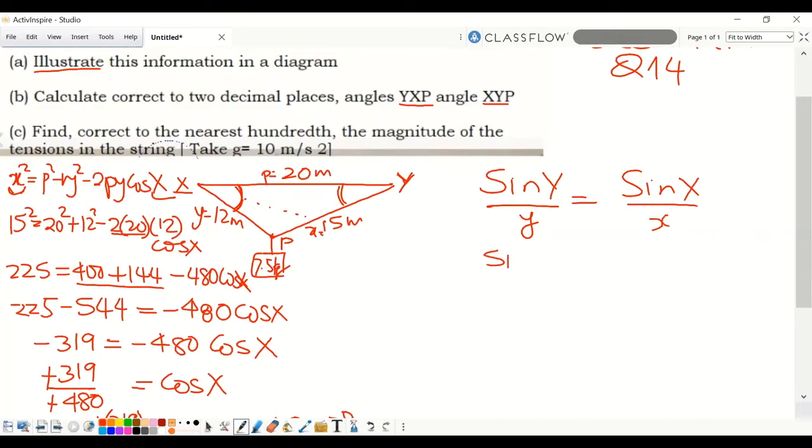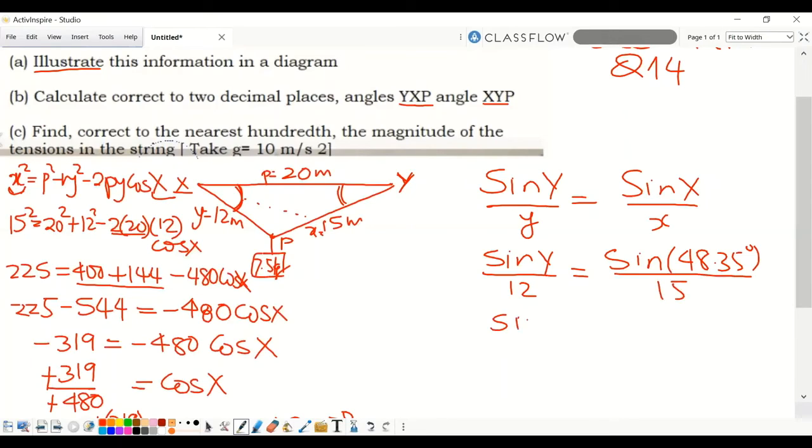So sine Y over y is 12, equal to sine 48.35 over x, which is 15.